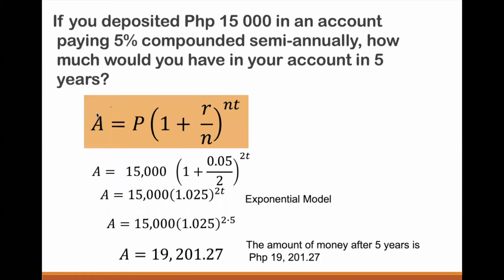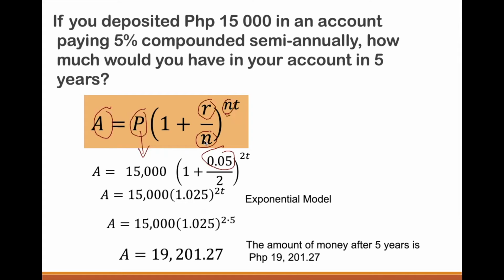So we're looking for A. So P is the amount that you deposited, the initial amount, so that's 15,000. The rate is 5%, so you have 0.05. And n is the times of the year. So it's semi-annually, that's why it's 2.